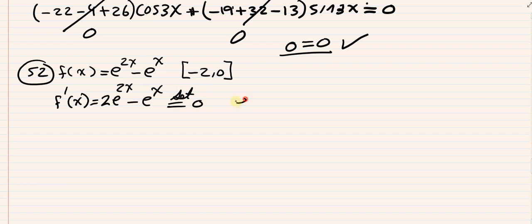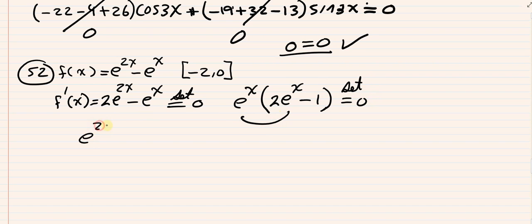And when we factor e to the x, that's going to make it e to the x times 2e to the x minus 1, true? And equal to 0, right? And here you can see, because e to 2x is e to the x times e to the x, when you factor e to the x, you still have e to the x inside parentheses.